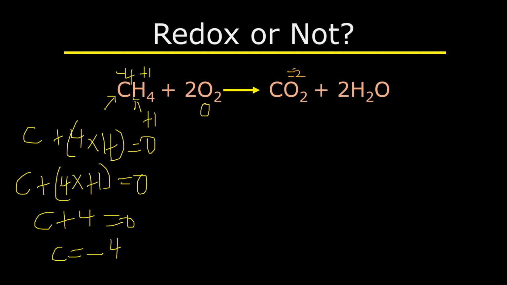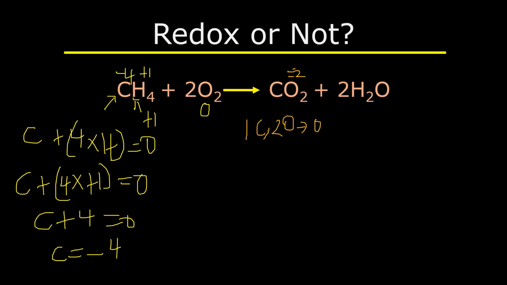So if I want to calculate for carbon, you've got one carbon and then two oxygens, and that's going to give you a 0 charge because everything is neutral in carbon dioxide.